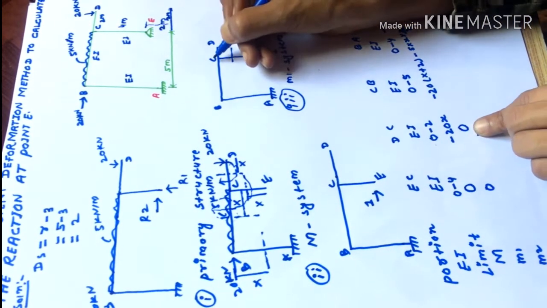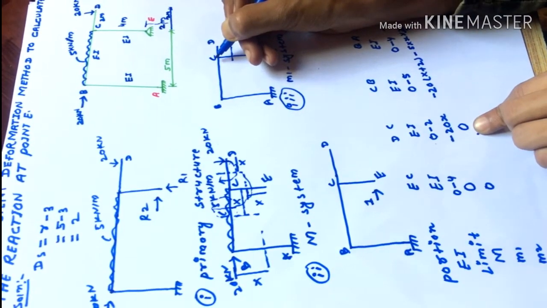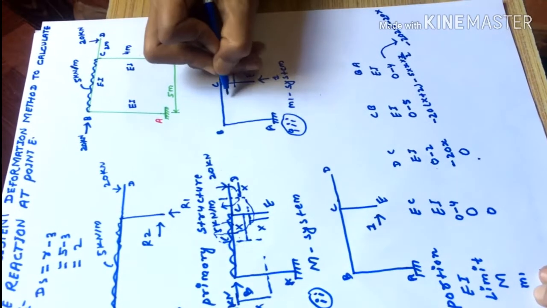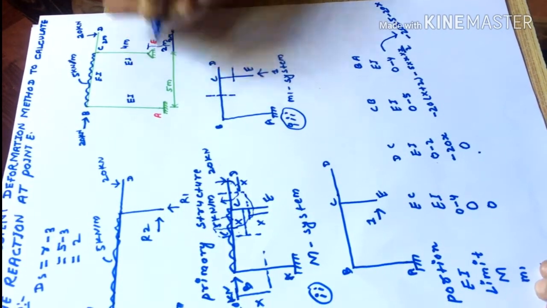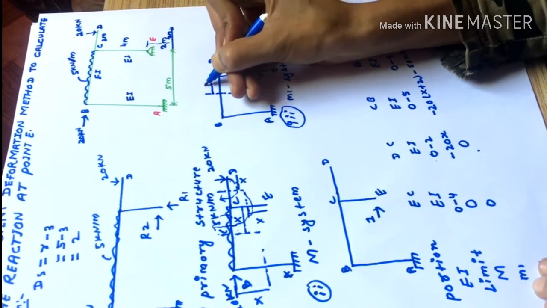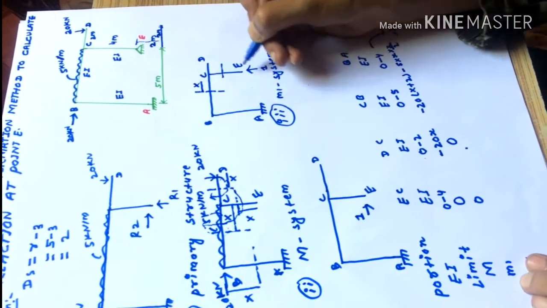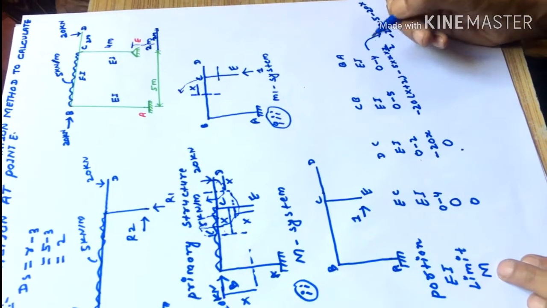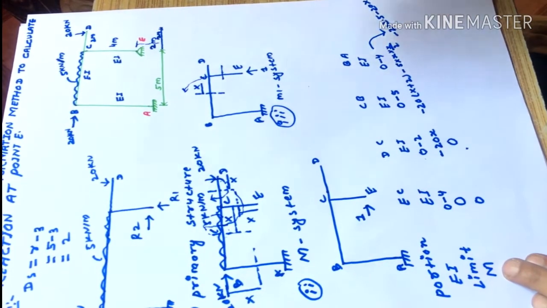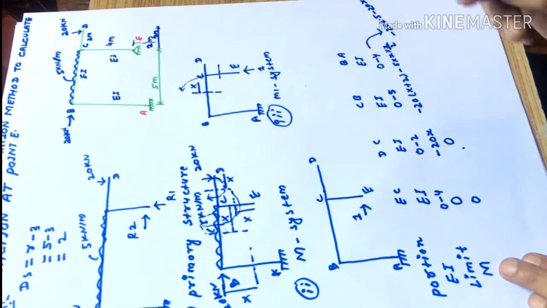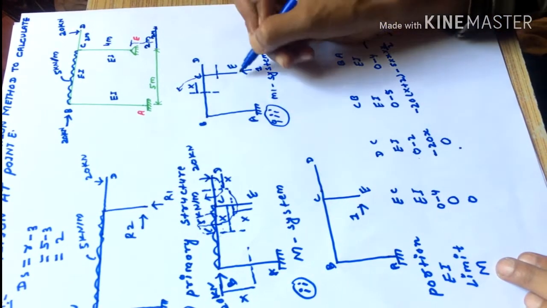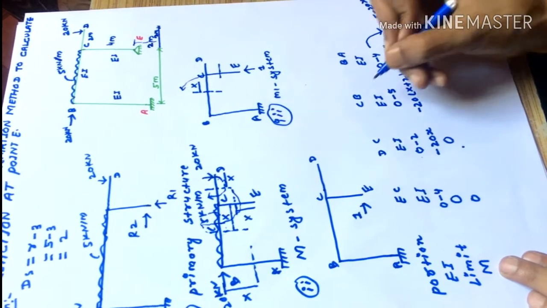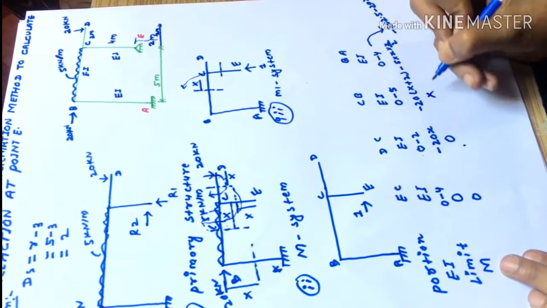In portion CB let us take a section at a distance of x from C. This unit load will rotate this section in anti-clockwise direction, and we know on moving from right to left, anti-clockwise moment is taken as positive. So 1 is multiplied by perpendicular distance, that is x. So in portion CB the moment is x.